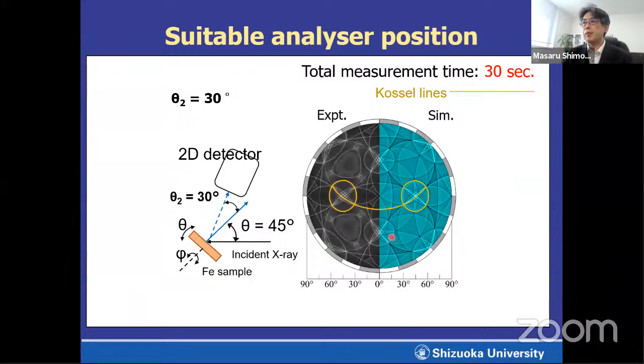And the measurement time was just 30 seconds to obtain this experimental pattern. So if we use this pattern, we will obtain the atomic image from just 30 seconds, less than 1 minute.